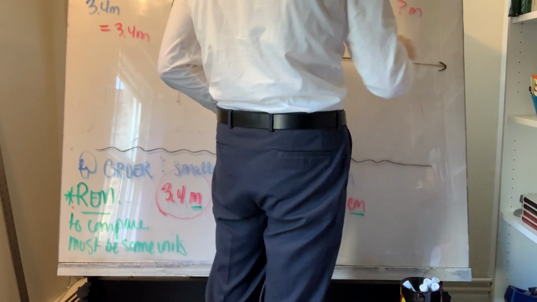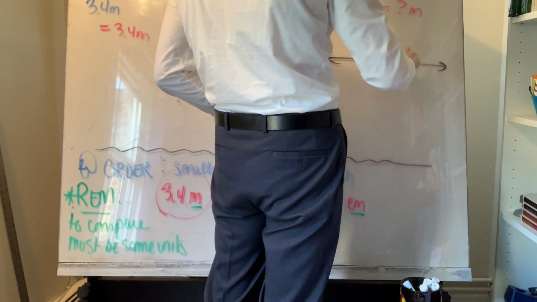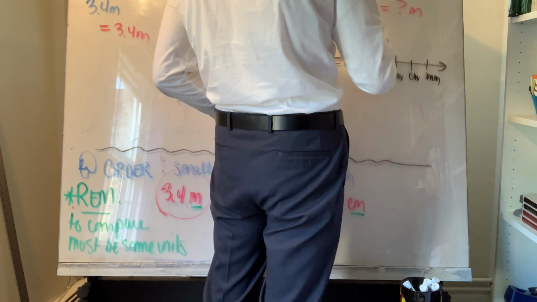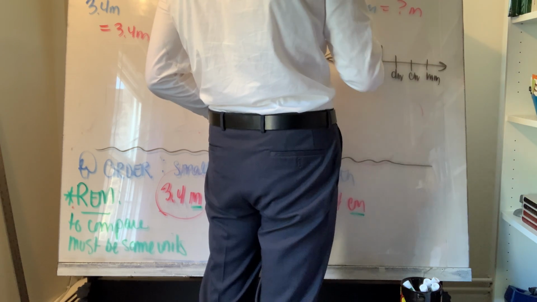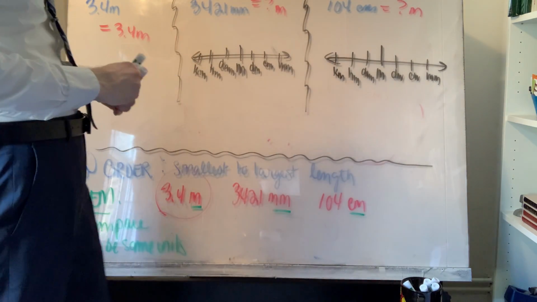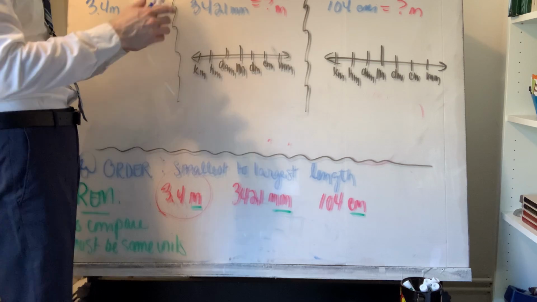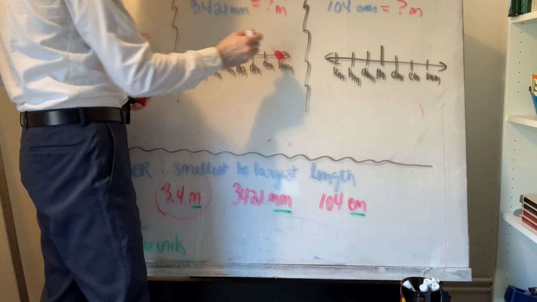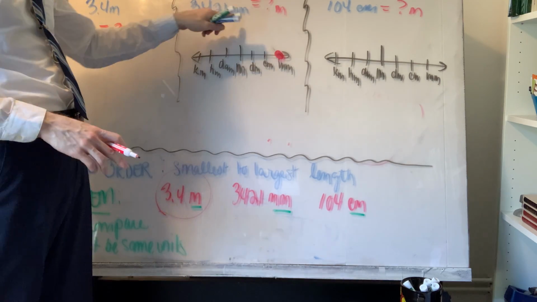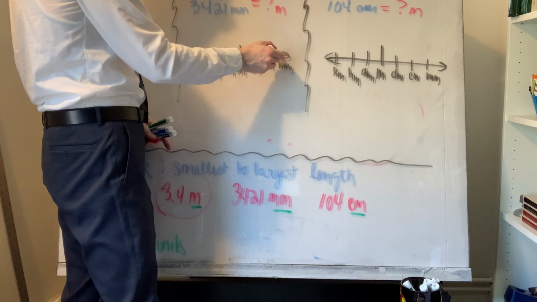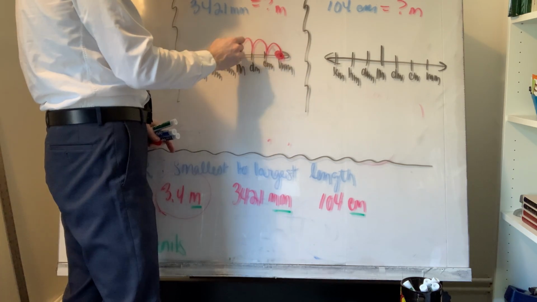I'll just do the same thing really quickly here: DM, CM, MM, DAM, HM, KM. Millimeters is what you're starting with, so you would put a dot here. And if we've arbitrarily chosen to convert to meters for the sake of comparison, then we would convert from here 1, 2, 3 spaces.